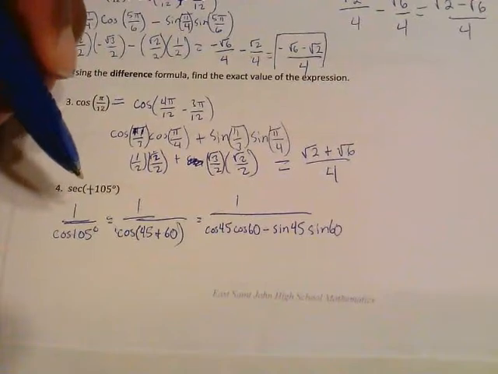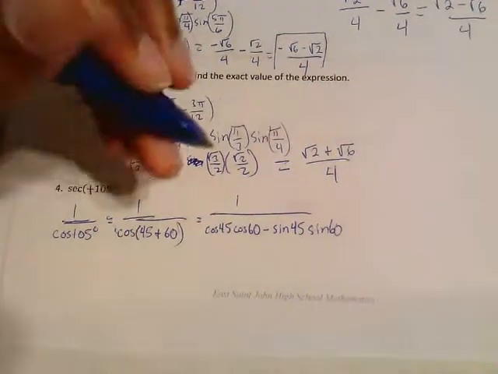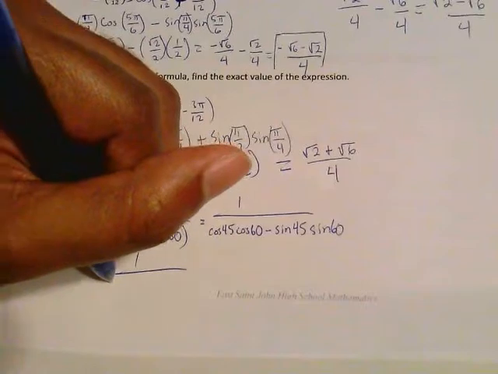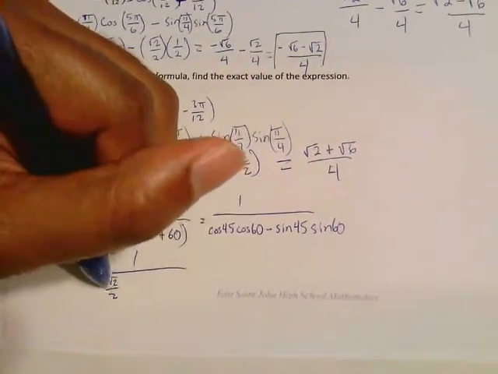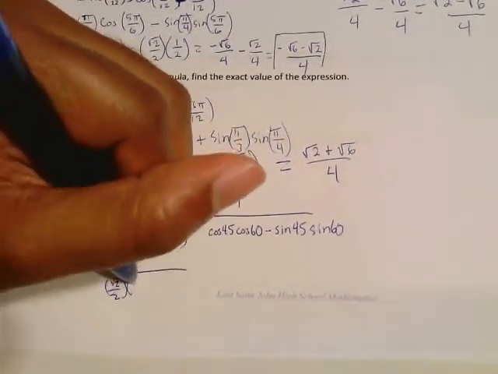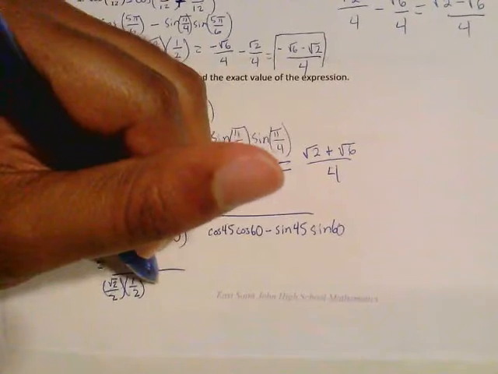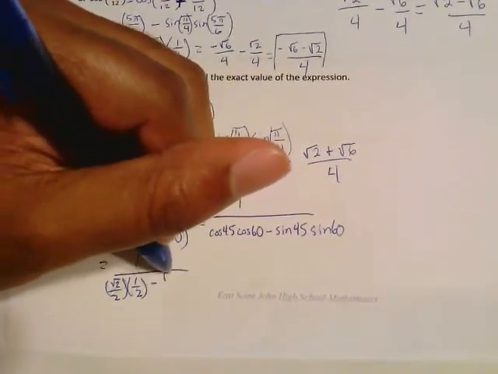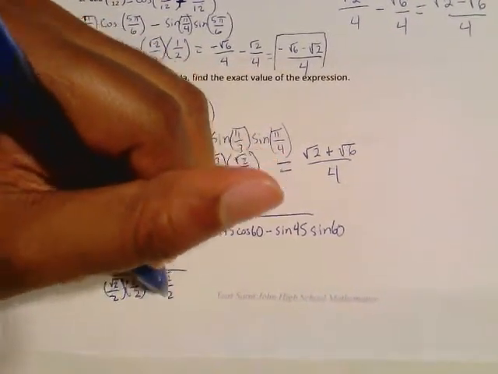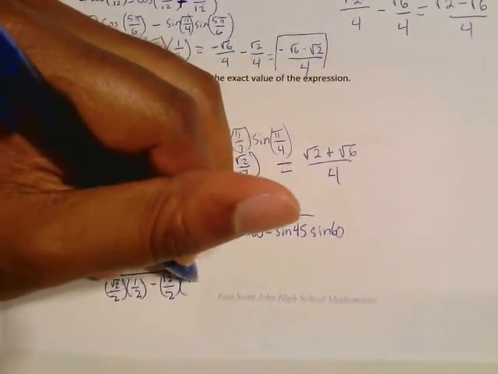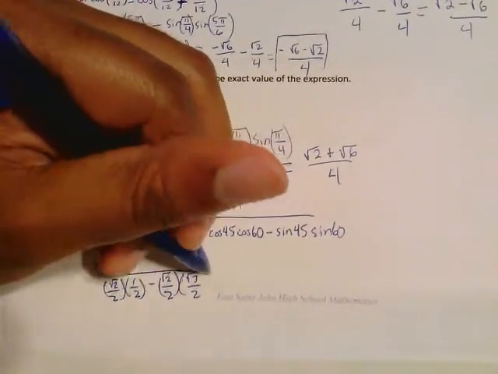Then we evaluate, so this equals 1 over cosine of 45, square root of 2 over 2, cosine of 60 is 1/2, minus sine of 45, square root of 2 over 2 again, and sine of 60, square root of 3 over 2.